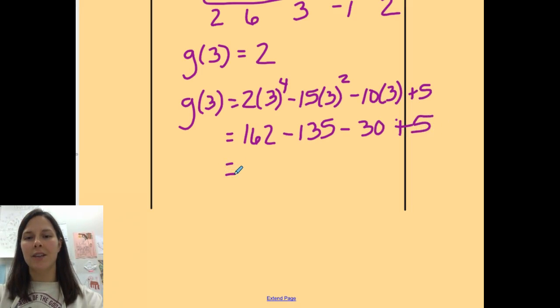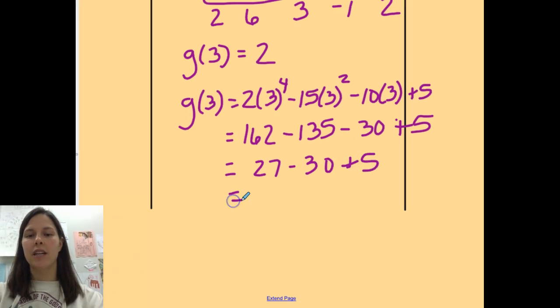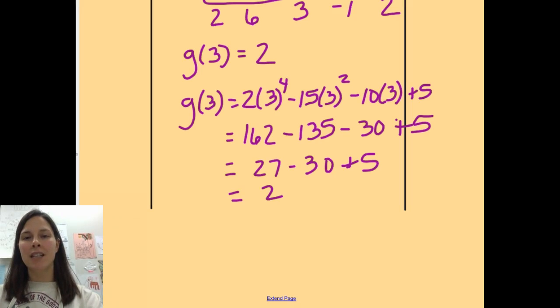Adding and subtracting left to right, 162 minus 135 is 27. 27 minus 30 is -3, plus 5 is 2. We get the same answer, but I think you'll agree after seeing this, the synthetic division gets us the answer much more quickly and easily.